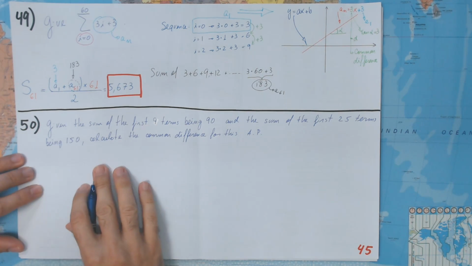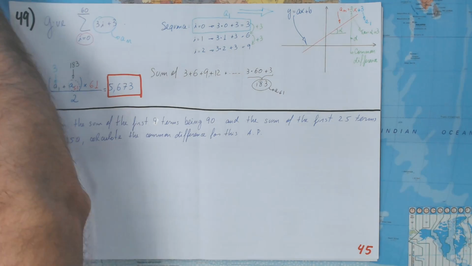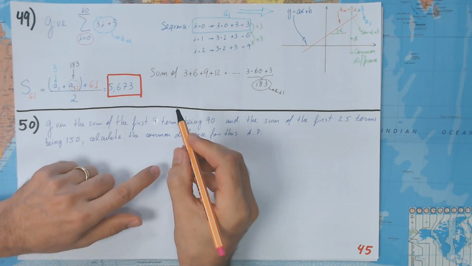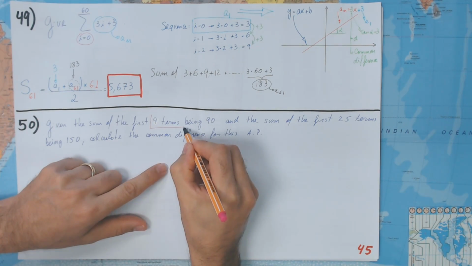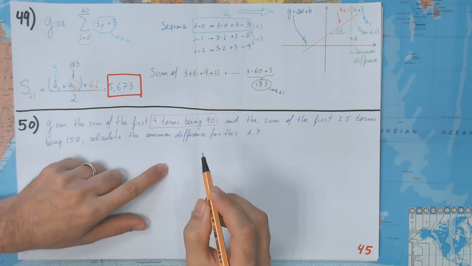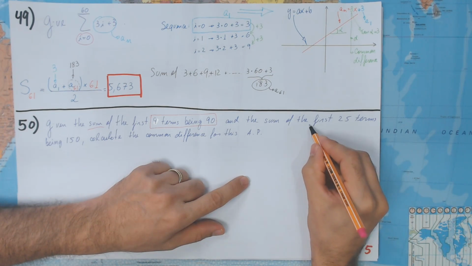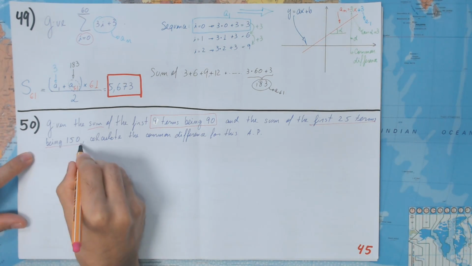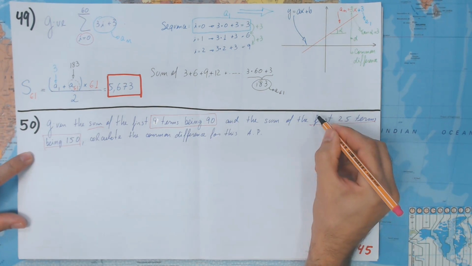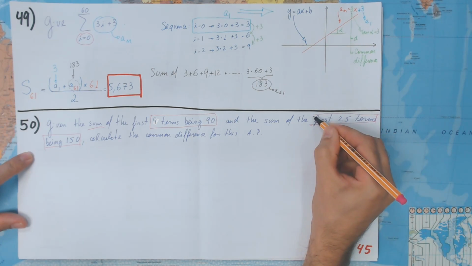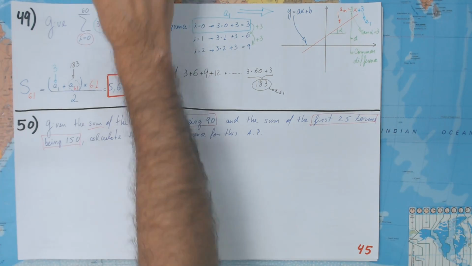Now let's solve this one. What do we have in here? We have this information, the sum of the first 9 terms being 90, and we have another one, the first 25 terms being 150. So we have those two pieces of information, and let's work with them.